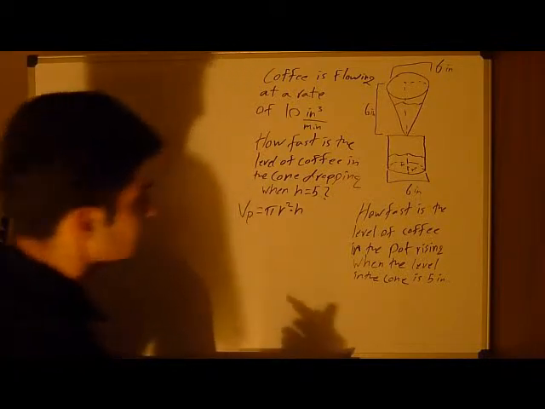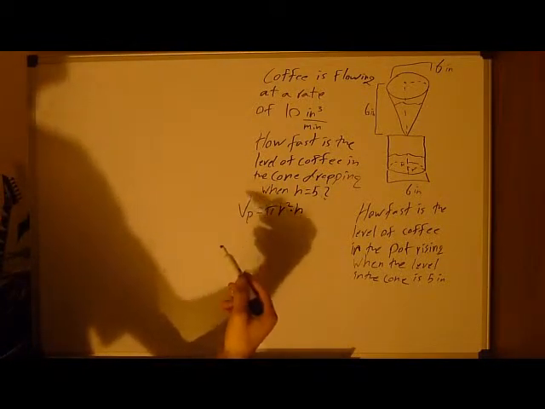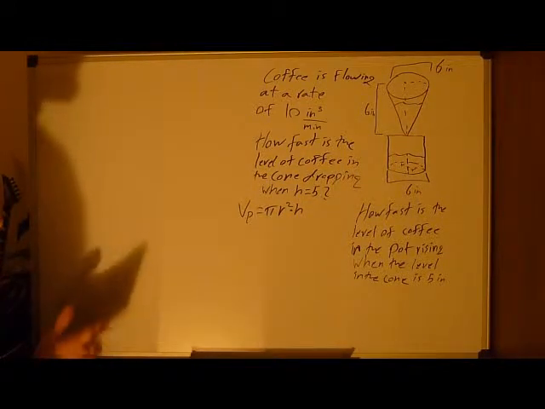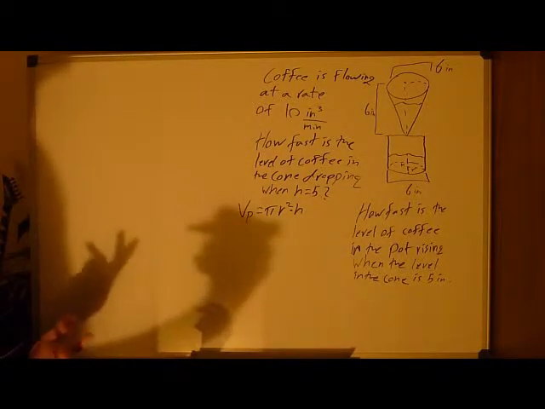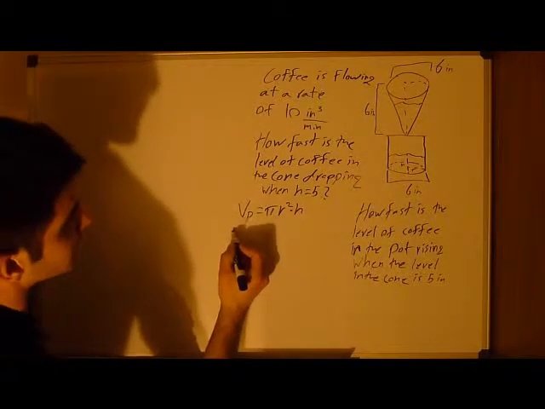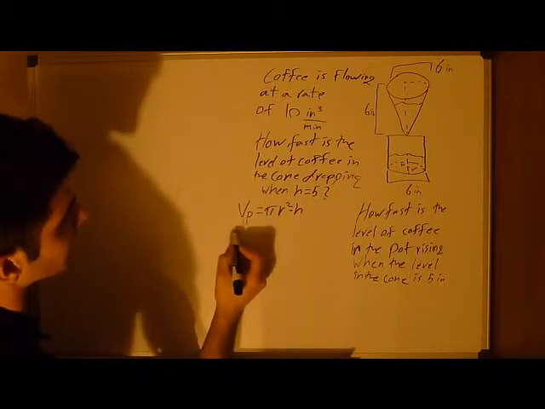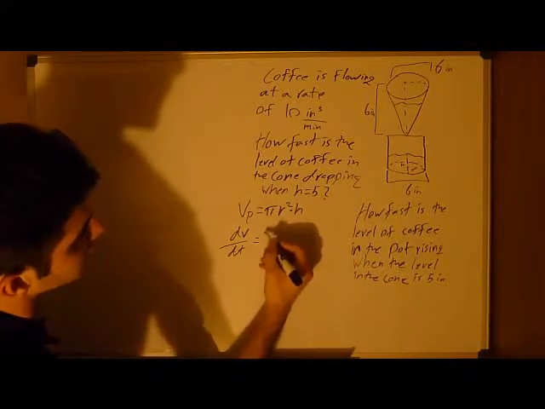Now, to find how fast the level is rising, we just take the derivatives of both sides, right? We find the change with respect to time. Change in height, of course. So, dV dt is equal to, now what is that?